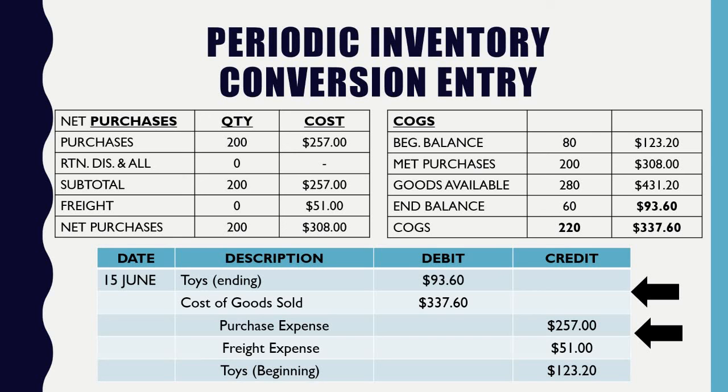And then here we recognize our total purchase expense, our total freight expense, and we also indicate our beginning inventory. Okay? And if we add these all up together, they are equal on both sides. Okay? So that is what conversion entry is. All right?